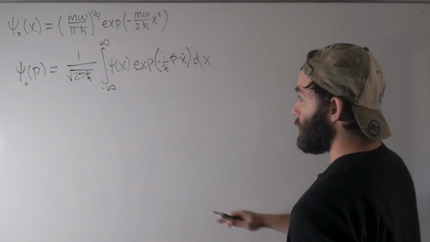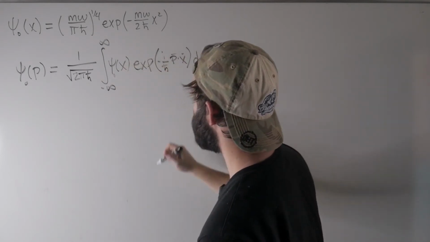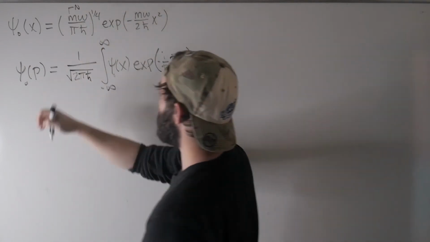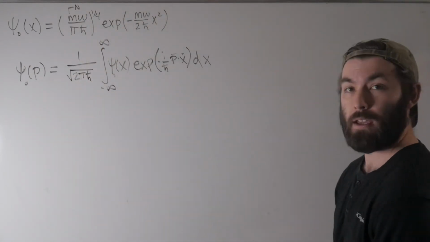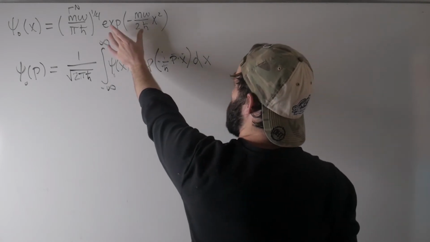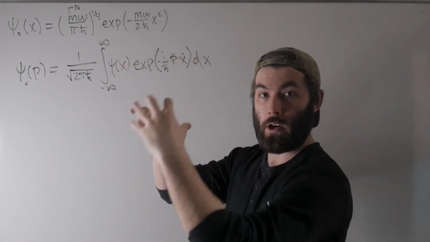So we want to calculate this Fourier transform. We're going to be using the ground state wave function for the harmonic oscillator. I'm going to call this normalization constant n, just because I don't want to carry it around the entire time. And let's get started. So again, we're going to use the fact that the product of two exponentials can be combined into one argument.